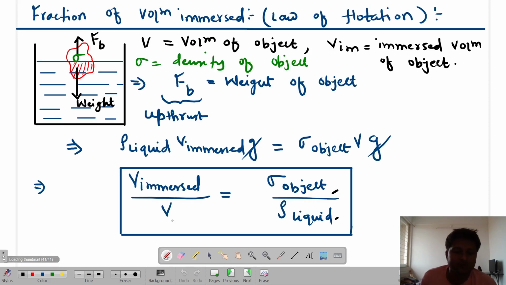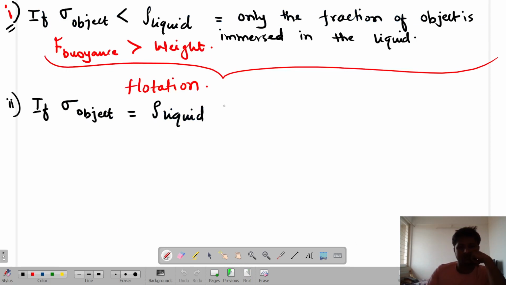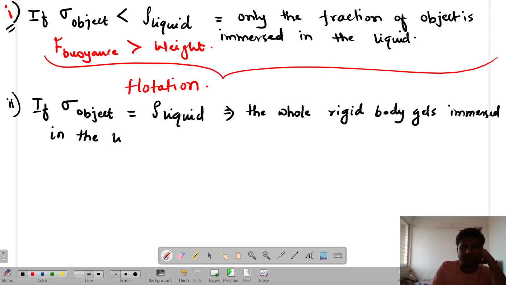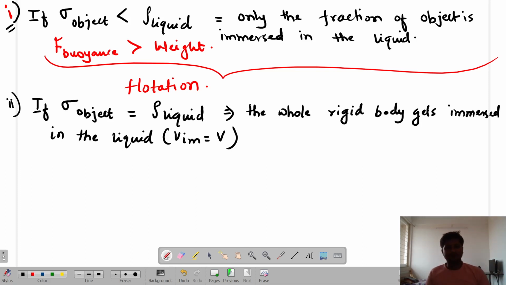Then simply the volume immersed will be exactly equal to the volume, or not? What will happen? The whole rigid body gets immersed in the liquid, or we can say volume immersed equals volume, isn't it?